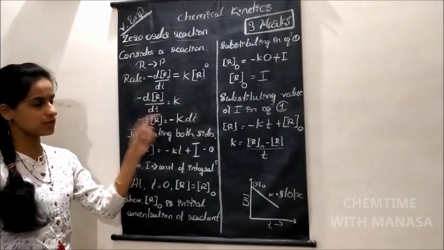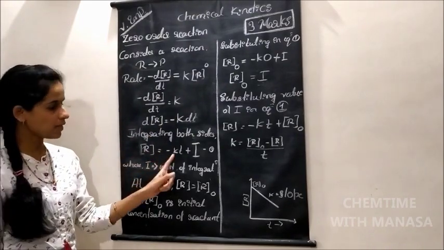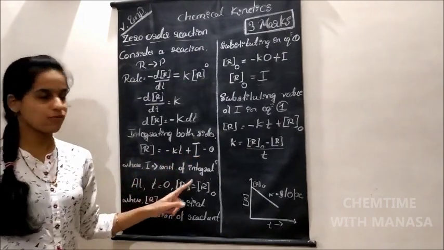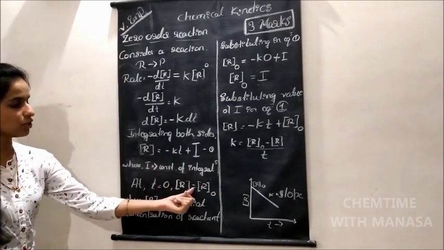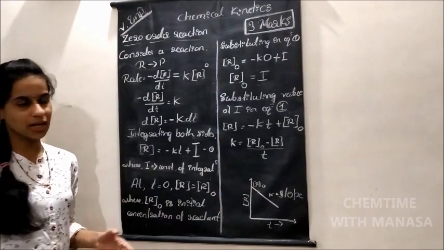Integrating both sides of this equation, we get concentration of R is equal to minus Kt plus I, where I is the constant of integration. Let us consider the initial condition.